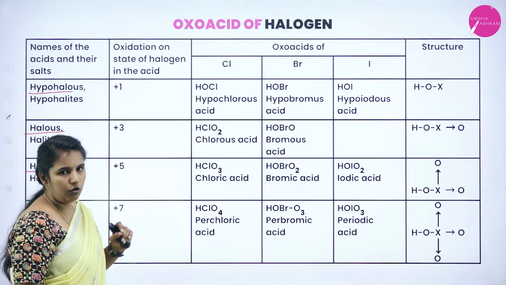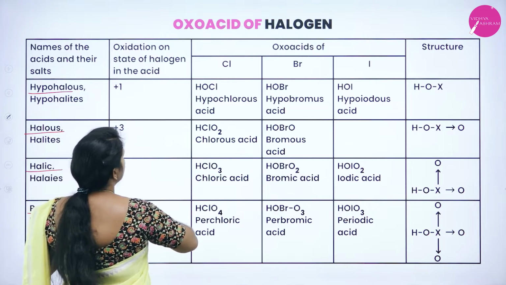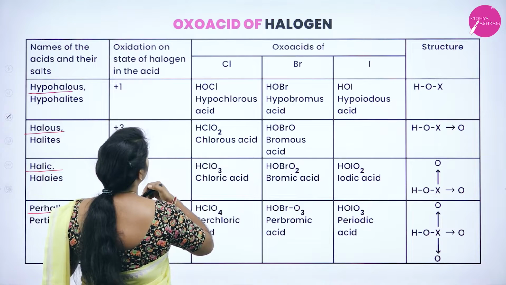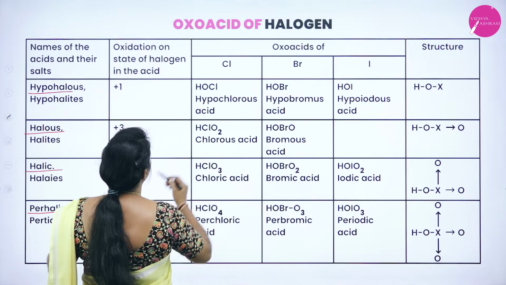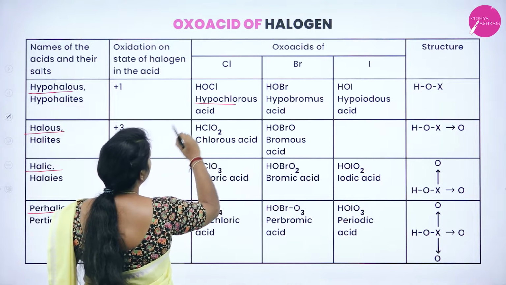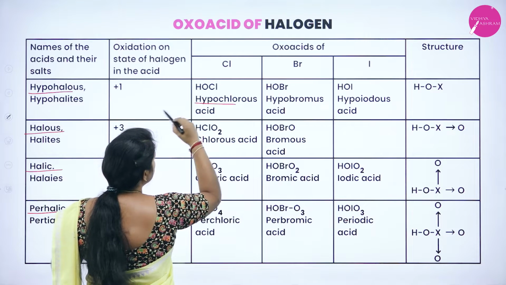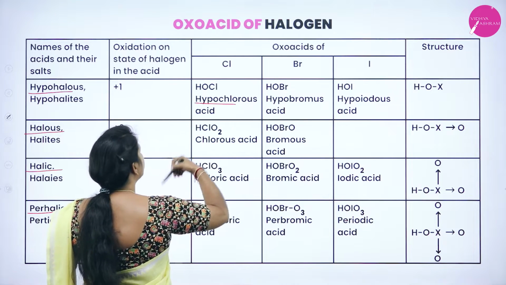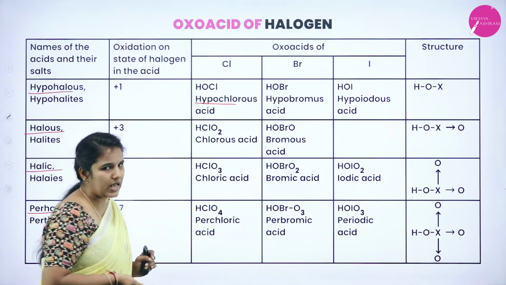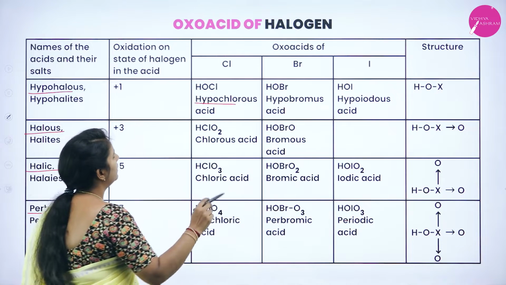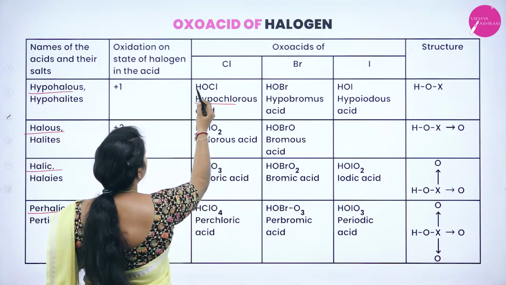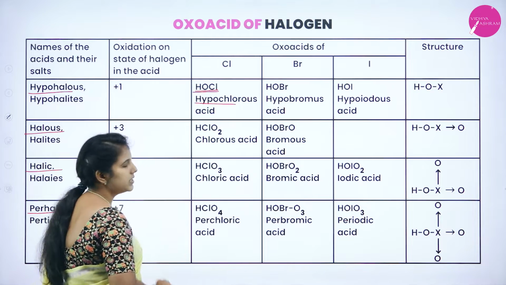First I'll go with chlorine. The first oxoacid, with a +1 oxidation state, is hypochlorous acid. Why is it known as hypochlorous acid? Because it is chlorine. In general we say hypohalous acid; since it is chlorine, we say hypochlorous acid, written as HOCl.